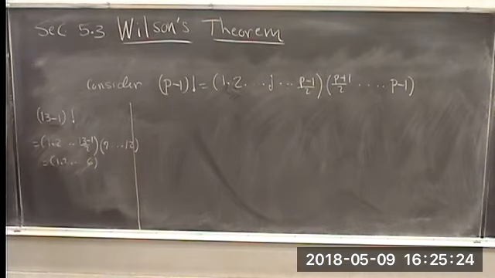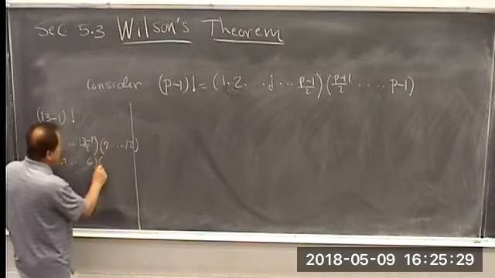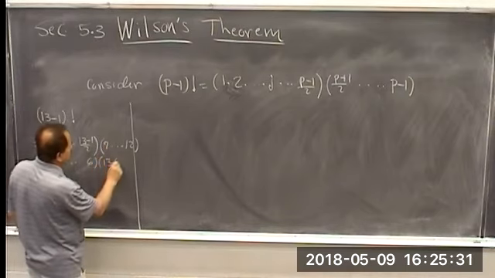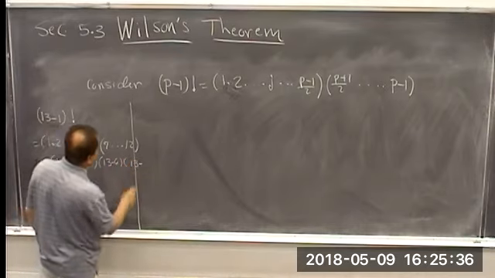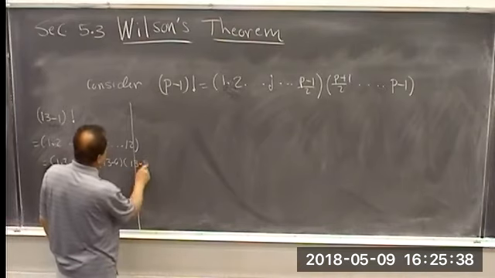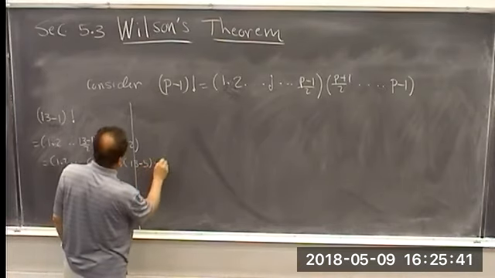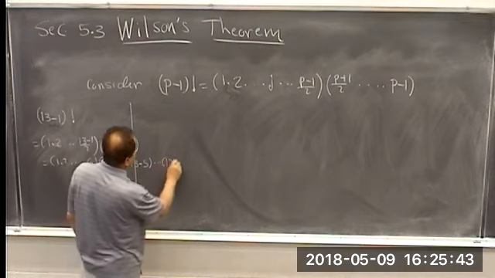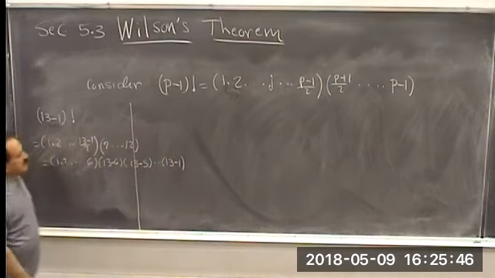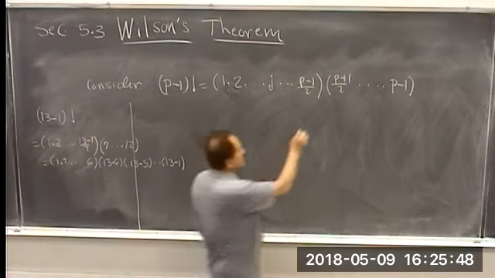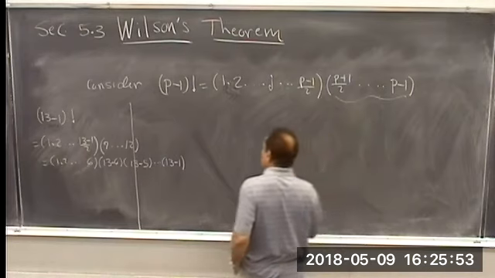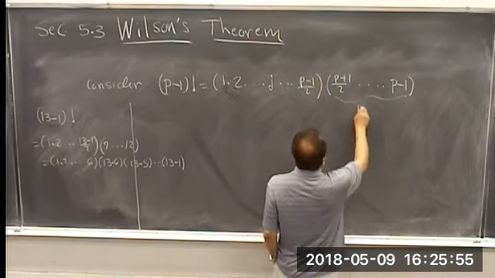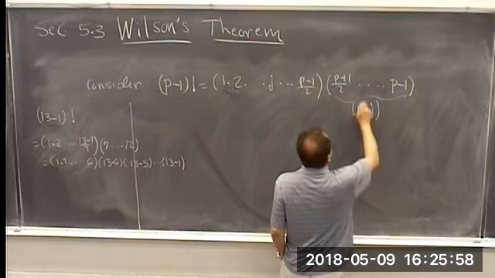One other thing you will notice in here is that the 7 is also equal to 13 minus 6. Then the next number is going to be 13 minus 5, and so up to 13 minus 1. In other words, each one of these numbers is going to be p minus j.